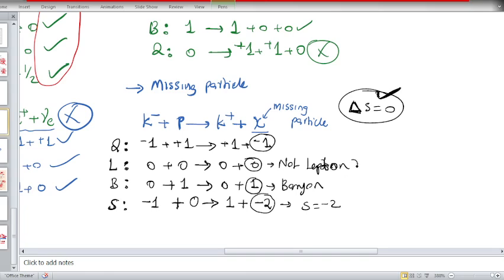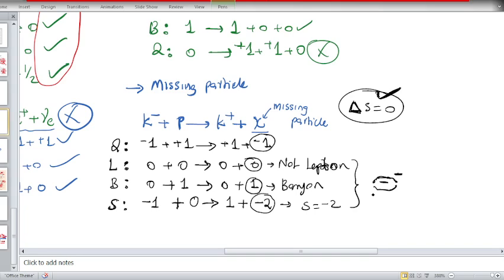If you check which particle has all these properties, you will get the cascade or xi particle, the xi minus, which has strangeness -2, baryon number 1, and charge -1. This is how you find the missing particle.